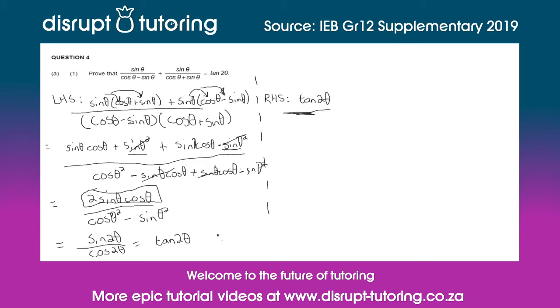So therefore left-hand side equals right-hand side, and that is the answer for A1.